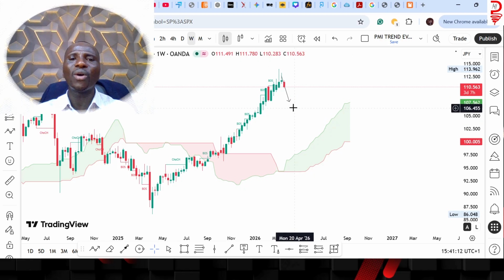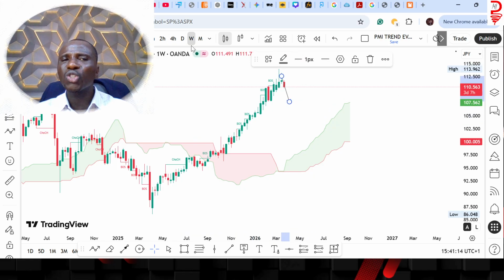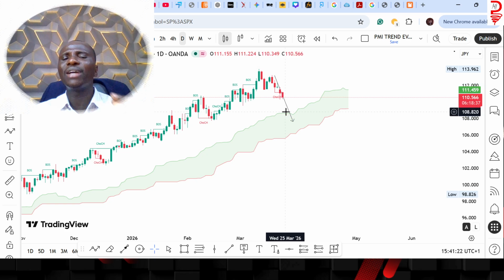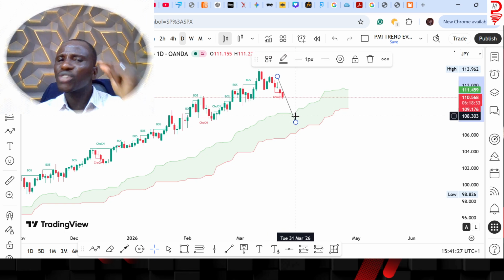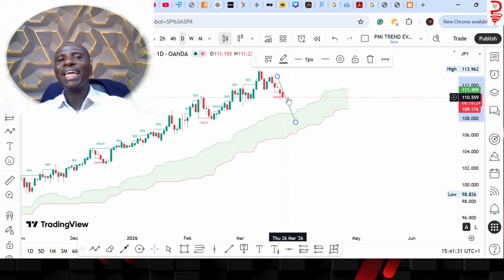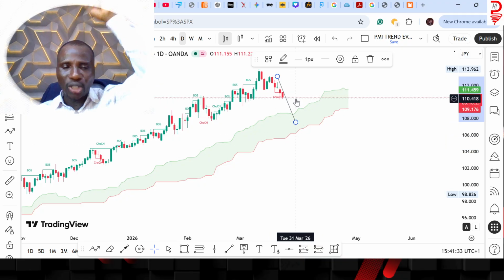So because of the risk sentiment, you will see a sell-off, but take note that the only reason why you are selling AUD JPY is the risk sentiment. If the war stops today, AUD JPY is going to pump to the upside.